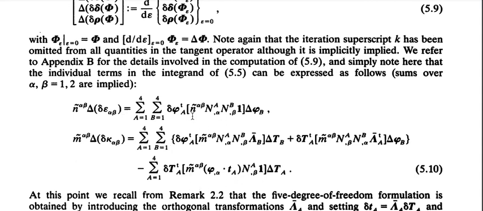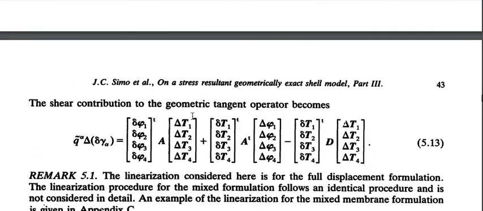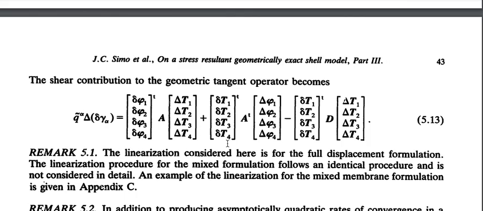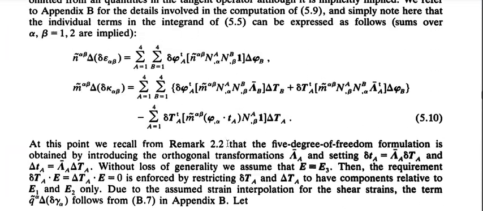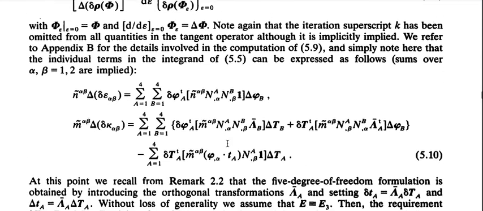When quantities are substituted in terms of the shape functions and all, then the final expressions which we get are like this, and those are given for us over here. Similarly for q tilde alpha delta of delta gamma alpha. So these will be substituted in the final equation, the geometric and material tangent operators.